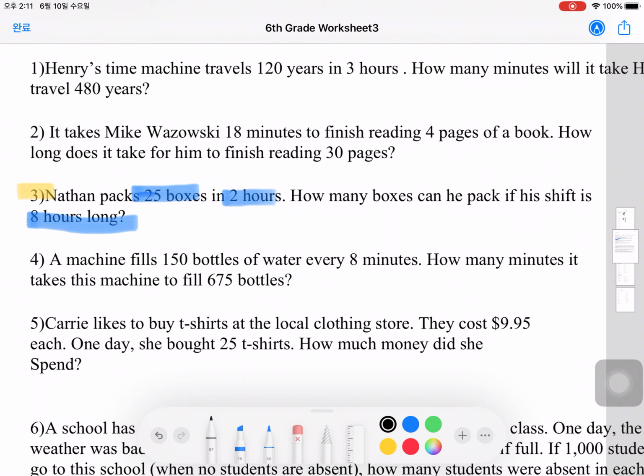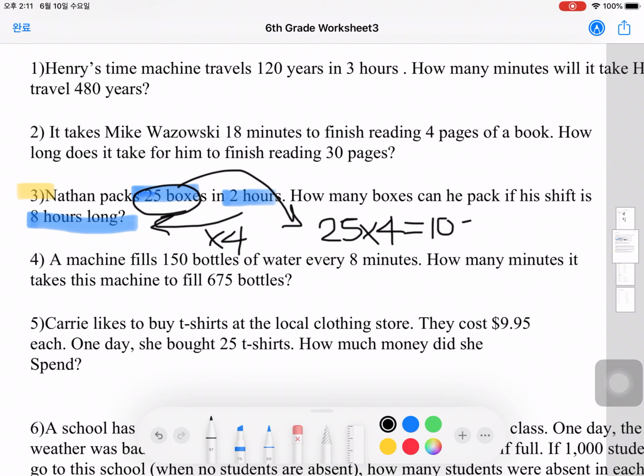To get from 2 hours to 8 hours, we have to multiply by 4, right? So that would be the same for 25 boxes. So 25 times 4 is 100. And that is essentially your answer. He packs 100 boxes in his 8-hour long shift.